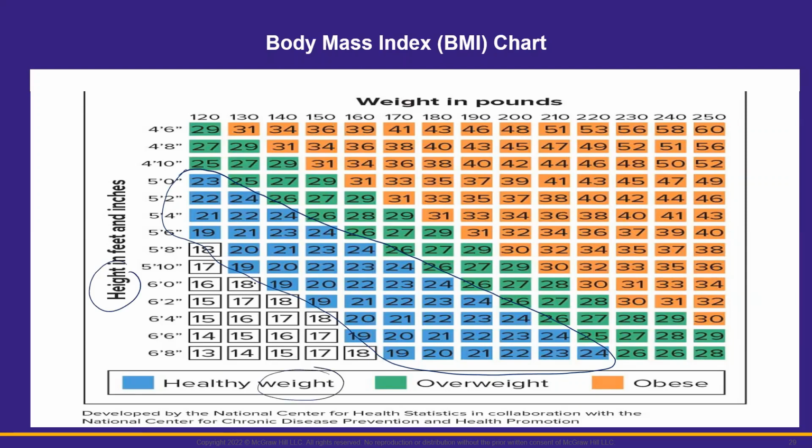Under 19 is considered underweight. Over 24 to 30 is considered overweight. If it is over 30, 31 to maybe 60 for example, it is considered obese. So this is the BMI chart.